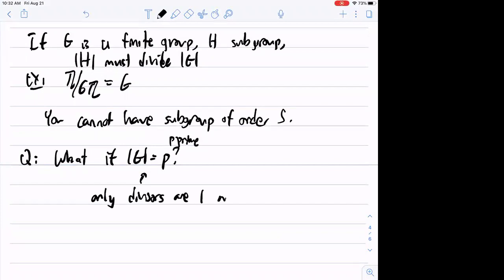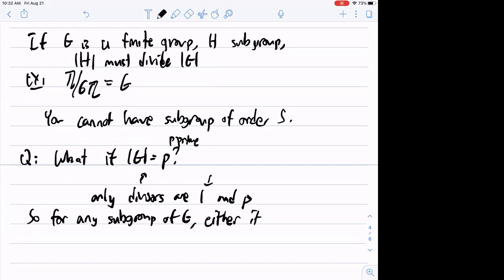So for any subgroup of G, if it's order 1, then by the definition of a group, you must have the identity. It has to be just the trivial subgroup E. Or it's order P, which is the whole group. And you've learned this before, right?